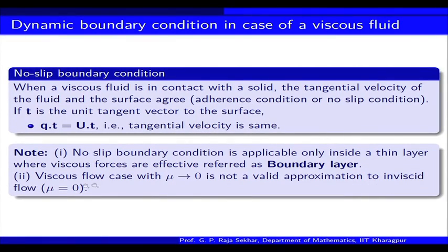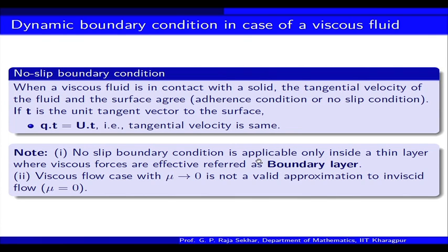We can discuss this a little more later on, but at this stage this remark is sufficient. The viscous flow case, mu goes to 0, is not a valid approximation to inviscid flow. Mu 0 is perfectly inviscid flow, but if you take a viscous flow solution and let mu go to 0, it will not agree with this. And as I have already indicated, it is valid in a thin boundary layer.